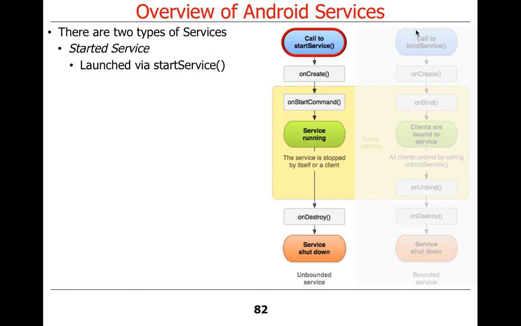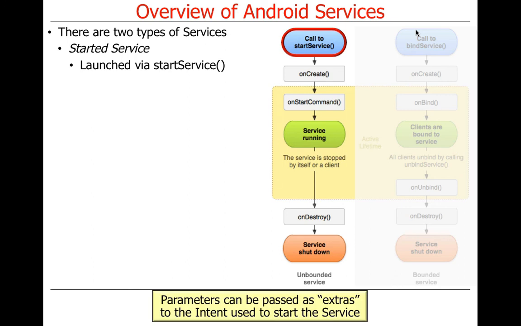You start them by having somebody, typically an activity, invoke startService, passing in an intent that identifies a particular service instance, much like you do with startActivity. startActivity is used to start activities, no surprise there. startService is used to start services. We'll see that there are other ways of getting services to start in a second. You can also pass parameters as extras to the intent that's used to start the service.